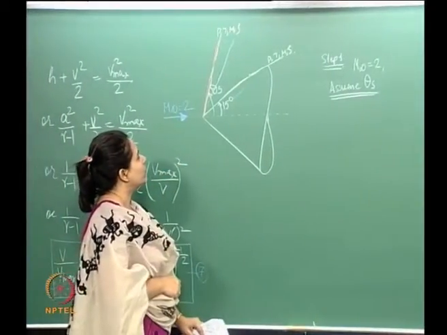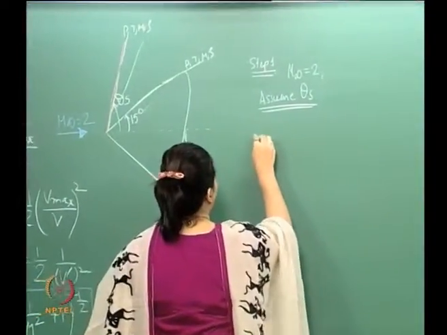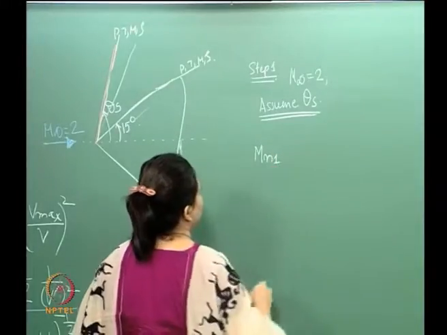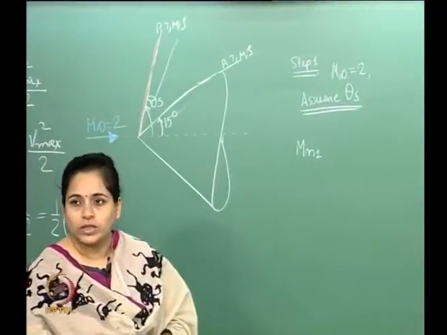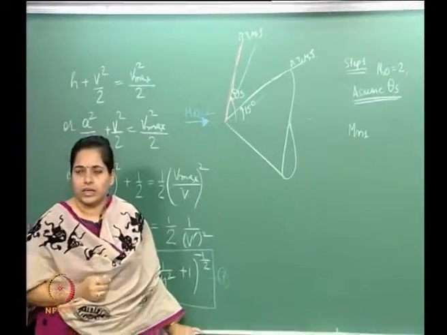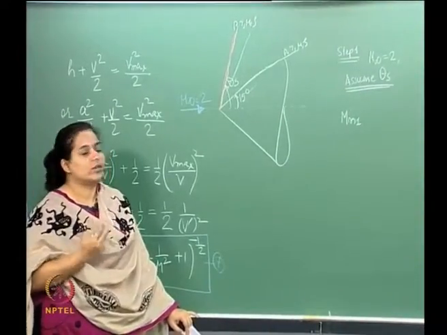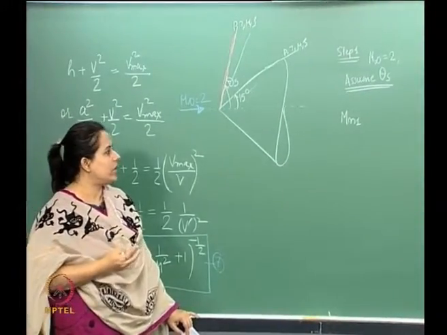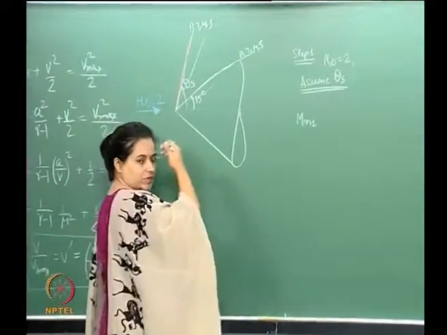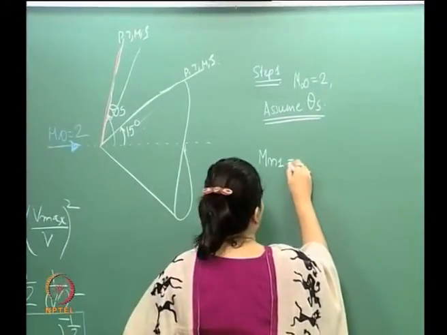Now what we will do is calculate Mn1. We have an oblique shock here, so we are going to use the tables to calculate the properties. In order to do that, I need to know the normal component of the free stream Mach number, Mn1.